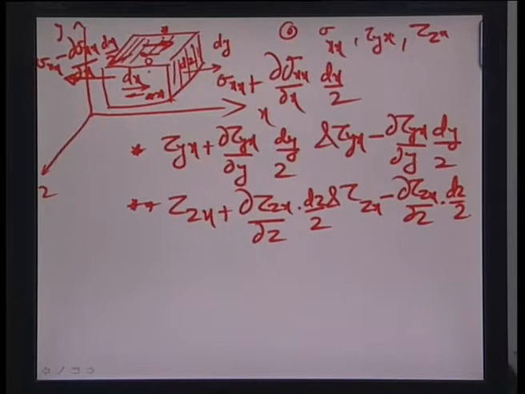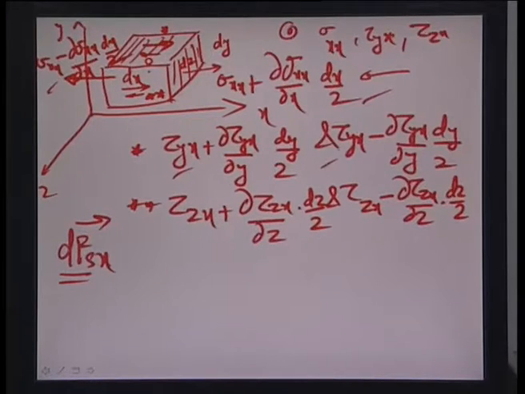Okay. So with all said and done, dFx, which is essentially the total amount of force in the x direction, is a result of all these different components. Component 1 here, 2 and these 3, 4 and 5, 6 all put together, and these are, mind you, all stress terms. So you need a certain area of cross section across which these stresses are applied in order to find the net force on the particular cube of interest.